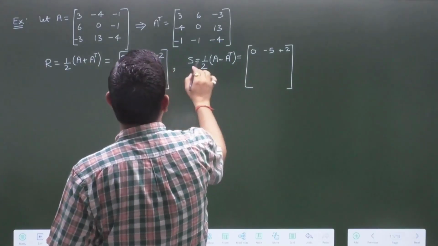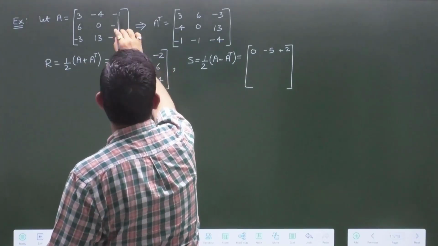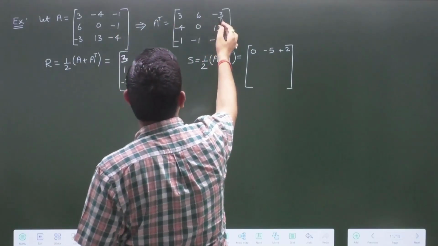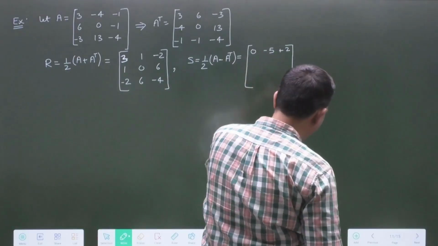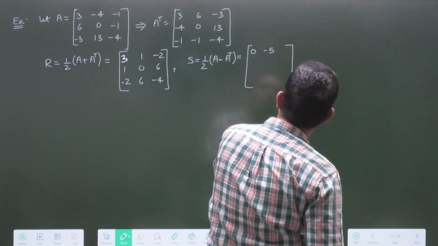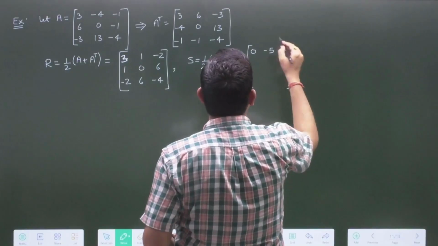So minus 1 plus 3, plus 3 divided by 2, this is plus 1.